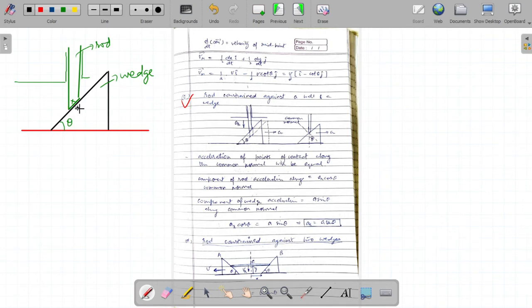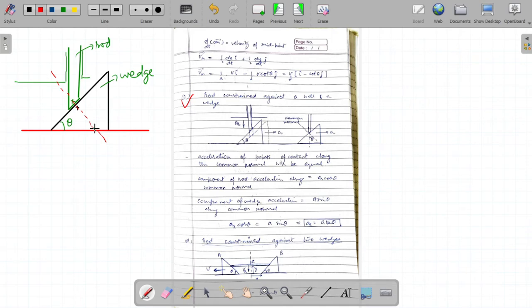These two points can be called the points of contact. The velocities of these points of contact, and not only velocities, we can straight up say the accelerations of these points of contact, along a common normal. So let us draw a common normal.